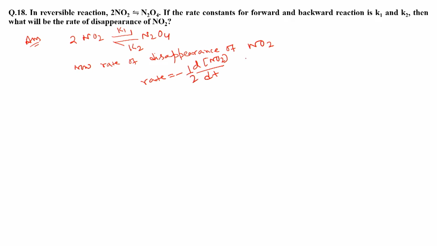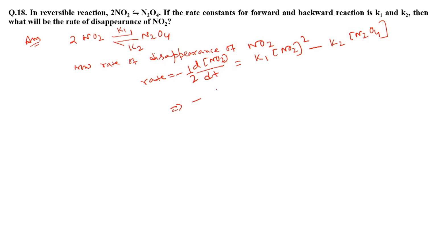Now, NO2 goes to N2O4, so for the forward reaction you get K1 NO2 square, and then for the backward direction NO2 is formed from N2O4, so you get K2 N2O4.